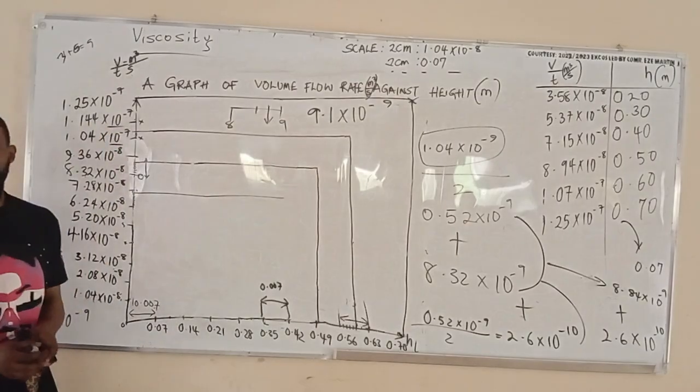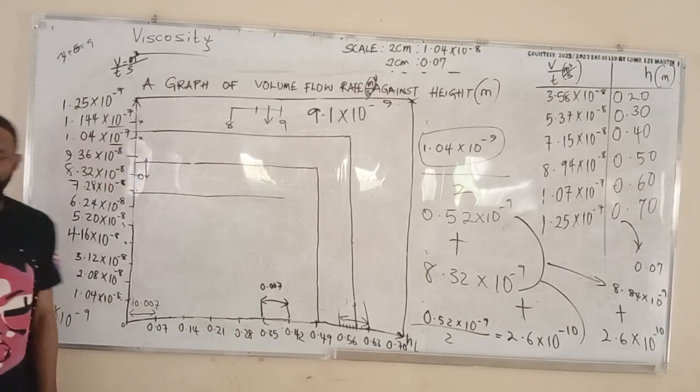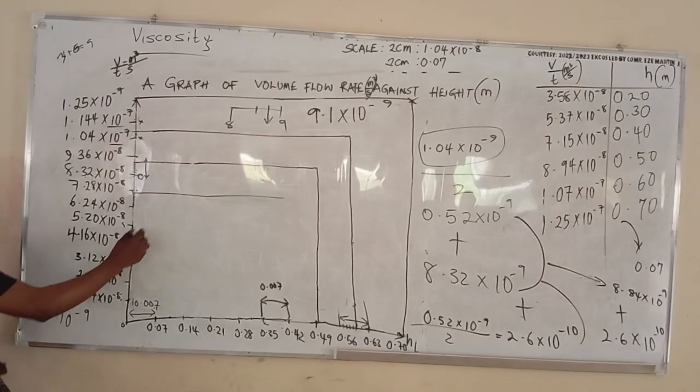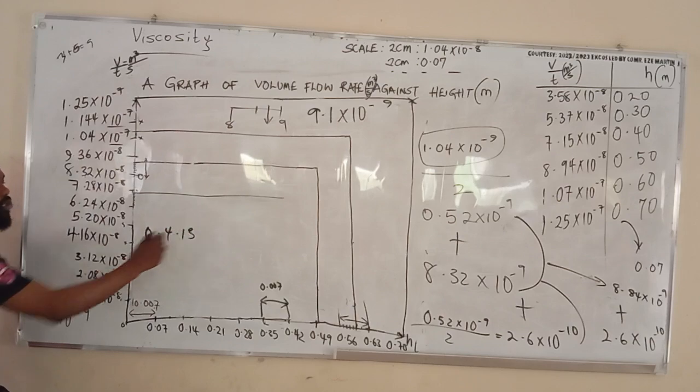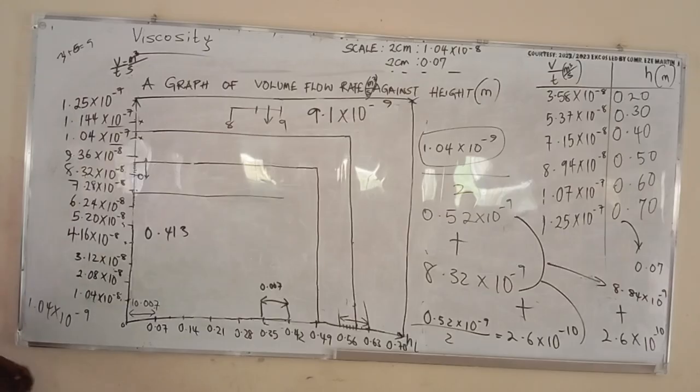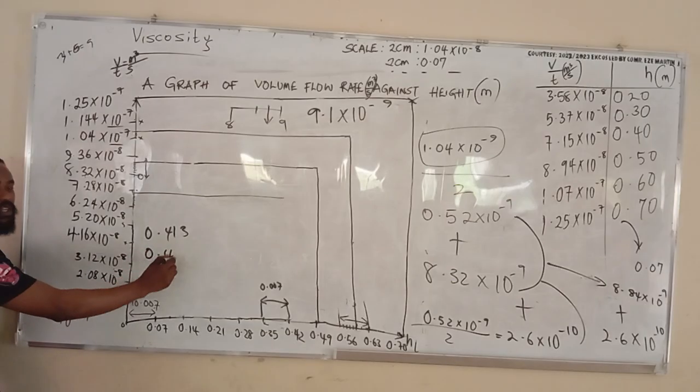What I will do is say 0.42 minus 0.007. That gives 0.413. Then 0.413 minus 0.007 gives 0.406. Then 0.40.